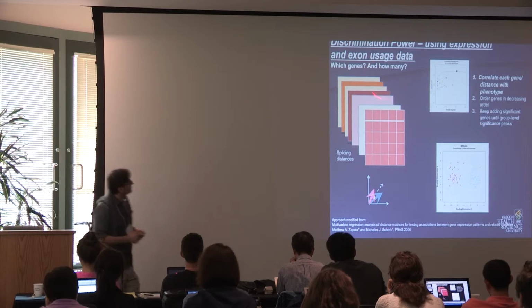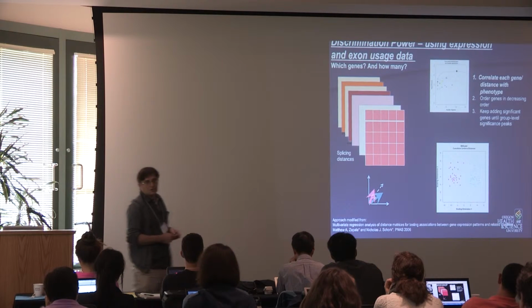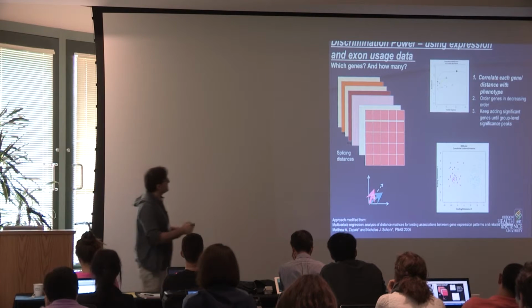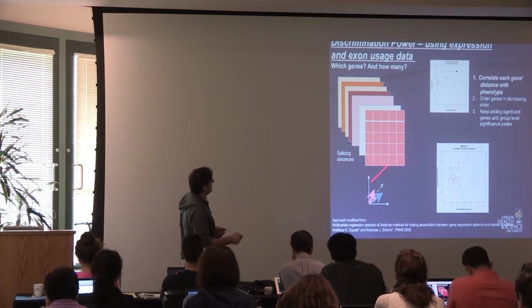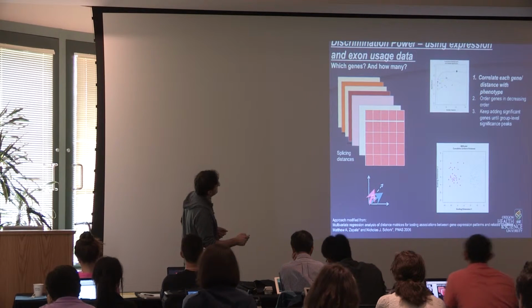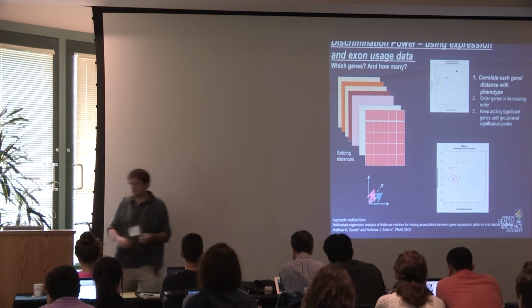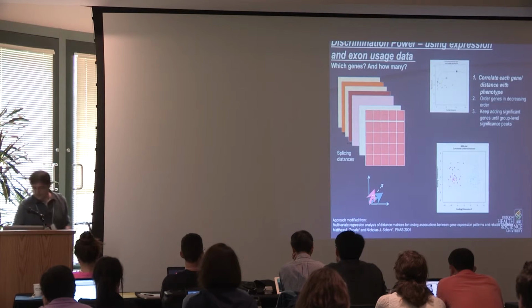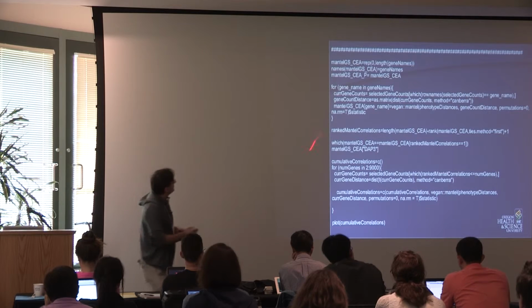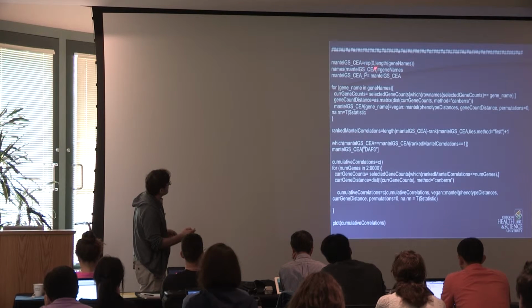Now I will go a little bit into the forward selection procedure. Remember, we have our splicing distances, and they are different. We correlate each gene with a phenotype and order them in decreasing order. How does this happen in the code? First, I compute my phenotype distance.